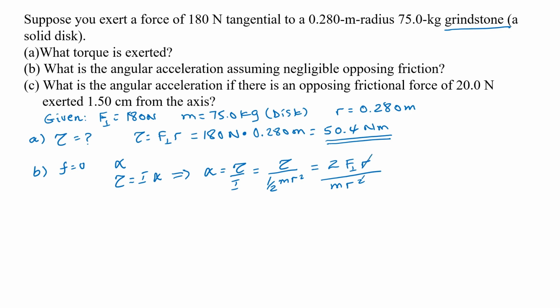R divided by one of the R's, we're left with 2 times the force divided by mr. So just plug in the numbers: 2 times 180 newtons divided by the mass, 75 kilograms, times R, which is 0.280 meters.